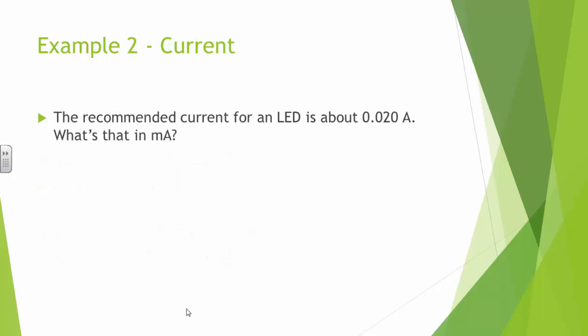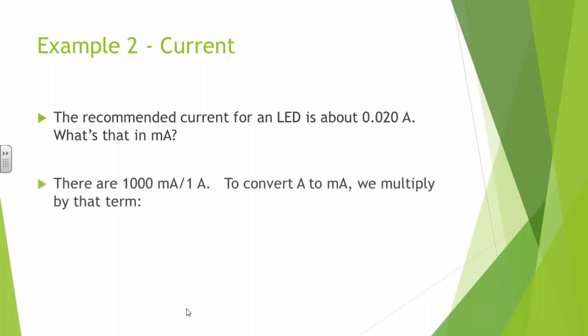Let's try a current example. The recommended current for a given LED is about 0.02 amps. What's that in milliamps? Well, there are 1,000 milliamps in 1 amp. So again, we can use our multiply by 1 trick. Multiply 0.02 amps times 1,000 milliamps per amp.